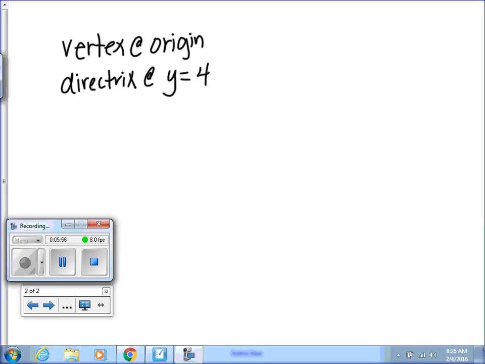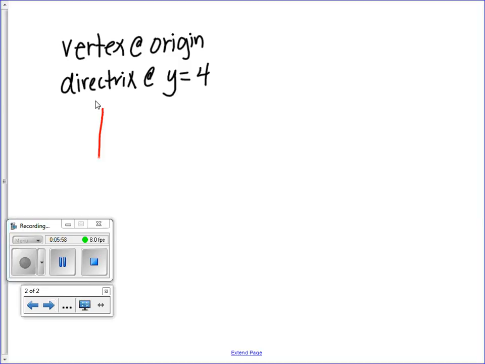Okay, so what information were you given? Your focus is at negative, right here. So what's this distance right there? What's p? Negative 4. P equals negative 4.